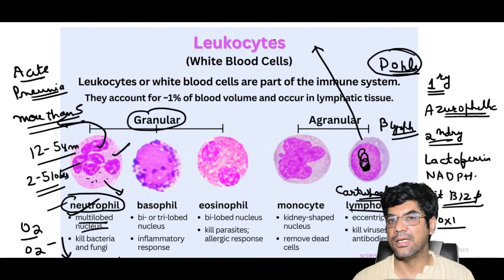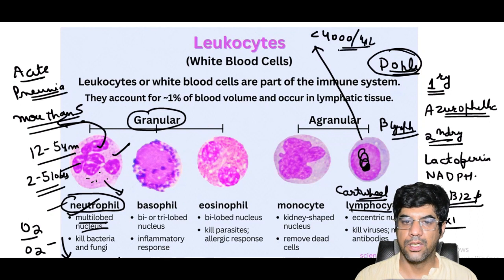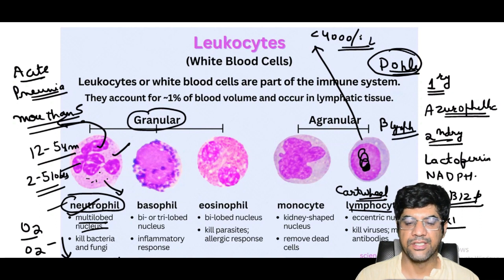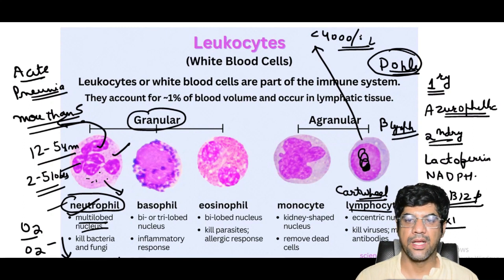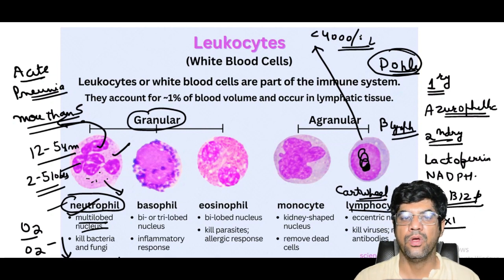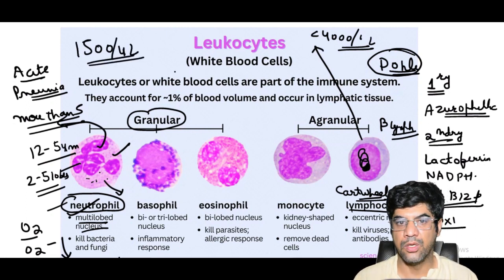When there is a count greater than 4000 per microliter, the causes could be acute infection like pertussis, infectious mononucleosis, viral hepatitis, chronic infections, hematopoietic disorders, a relative lymphocytosis, etc. Whereas lymphopenia is a decrease in the lymphocyte count below 1500 per microliter. It is seen in most acute infections, bone marrow failures, etc.